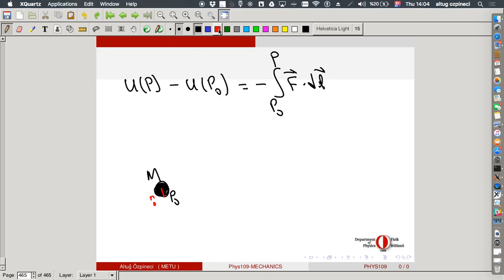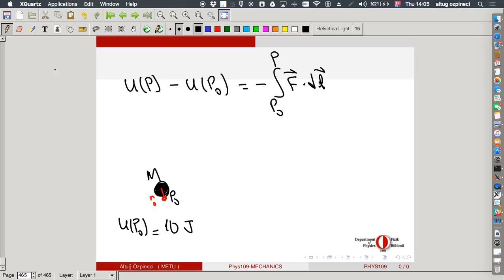And what should be the potential at P0? Ten. It cannot be 10. Why not? If you just imagine this is a sphere, P0 is just a point on the surface of this sphere, at a distance R0 from the center.